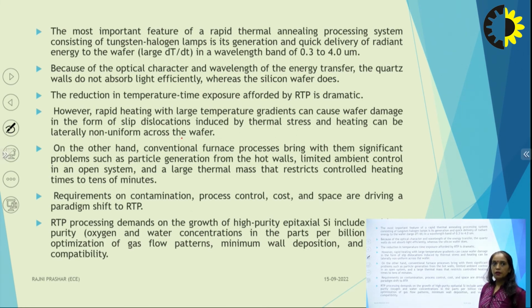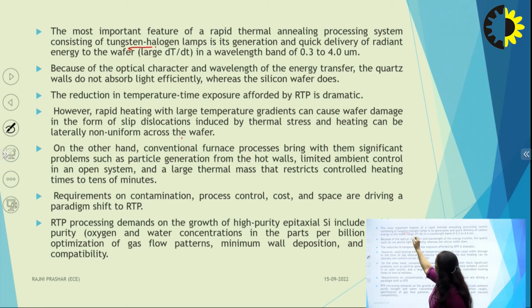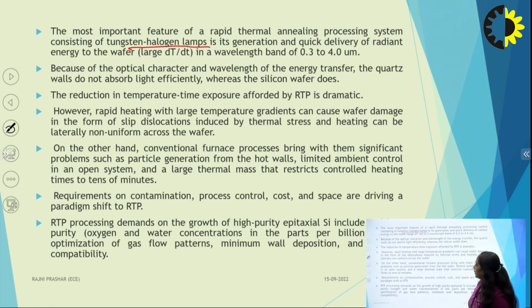The most important feature of this rapid thermal annealing process system is that it consists of a tungsten halogen lamp, which is used for the quick delivery of radiant energy to the wafer with a wavelength of 0.324 micrometer.